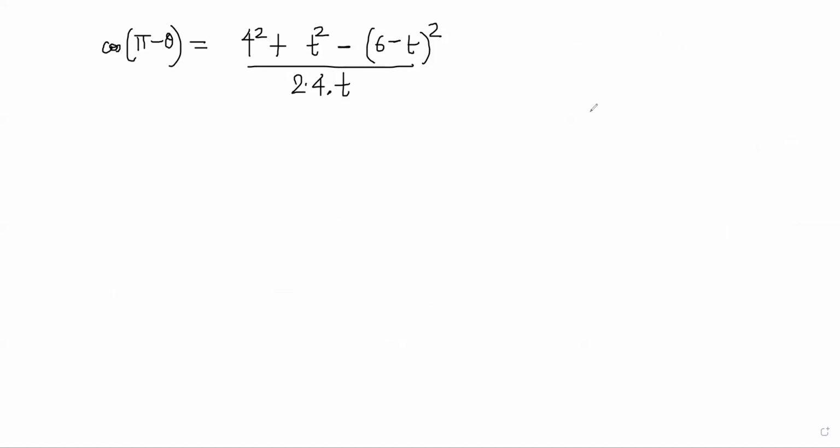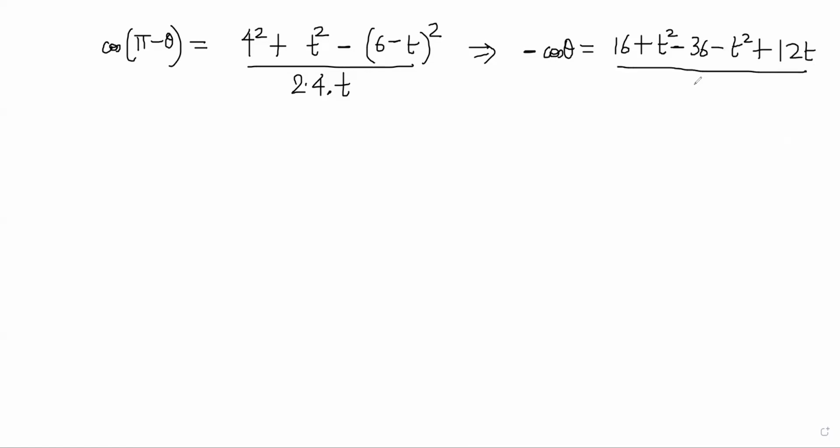We are doing the cosine rule on this triangle, and we get basically minus cos theta is equal to 16 plus t square minus (6 minus t) whole square, so minus 36 minus t square plus 12t, by 8t.